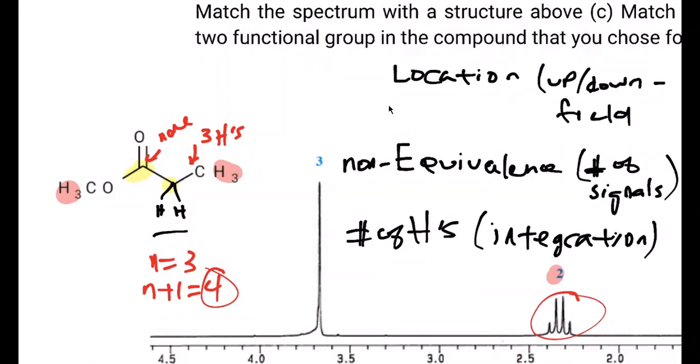All right, so those are your main takeaways: the location, the number of signals, and then the other main takeaway, sorry, is the splitting pattern. Right, so that tells you the connectivity.